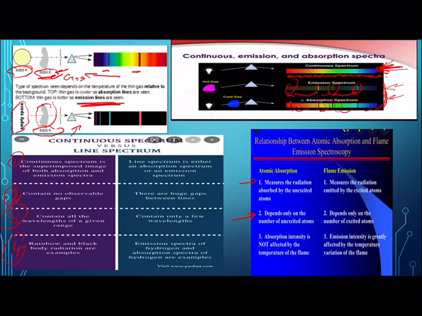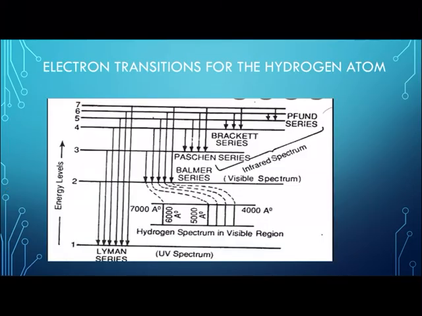Secondly, atomic absorption depends only on the number of unexcited atoms, while on the other side, flame emission depends only on the number of excited atoms. The third difference: absorption intensity is not affected by the temperature of the flame in atomic absorption, while the emission intensity is greatly affected by variation of the flame.